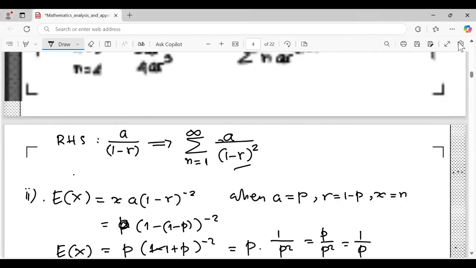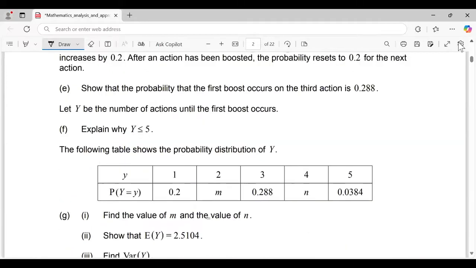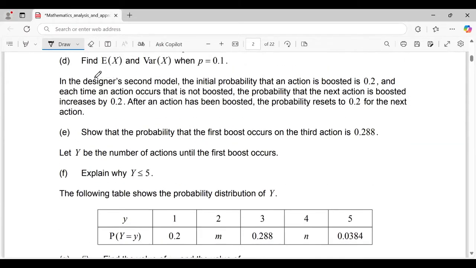Part E. In the designer's second model, the initial probability that an action is boosted is 0.2. And each time an action occurs that is not boosted, the probability that the next action is boosted increases by 0.2.